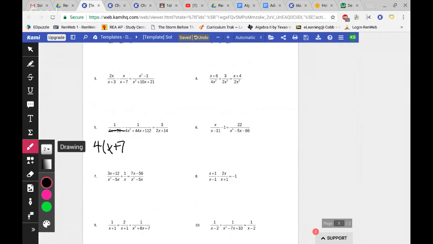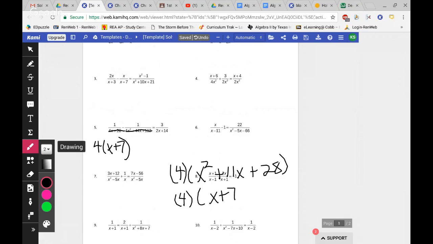And on this one right here, that leaves you with 4 times x squared plus 11x plus 28, which then factors down to x plus 7, x plus 4.